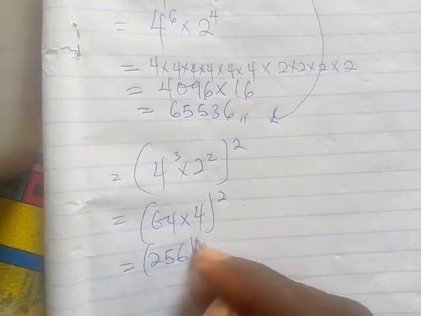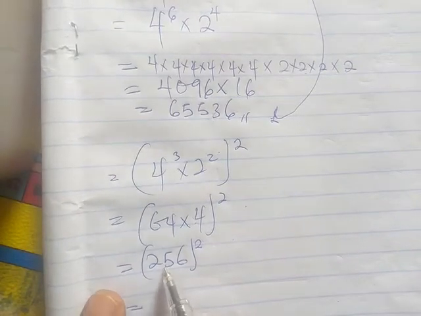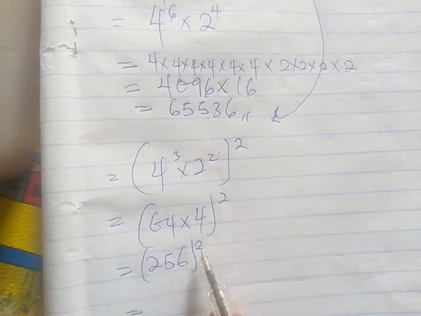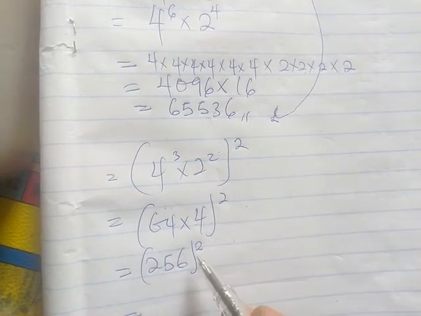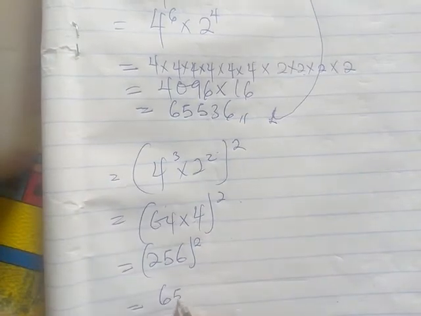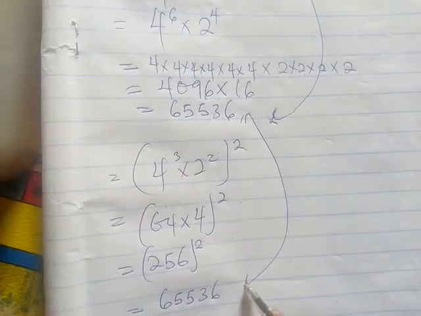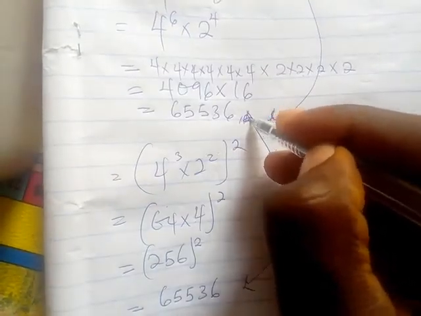Then don't forget that you still have the power 2 outside. So 256 raised to the power 2, we're going to get the final answer. So you have 65,536. So you can see that these are the same answer we have.